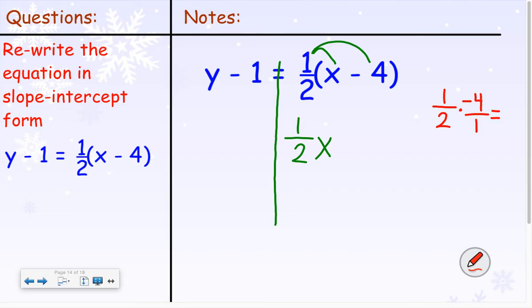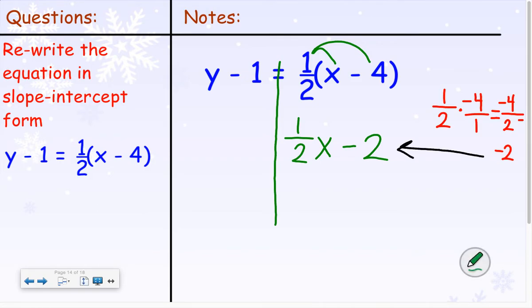Now all I have to do is multiply across. 1 times negative 4 is negative 4. 2 times 1 is 2. Negative 4 over 2 is negative 2. So that's what's going to go right here.